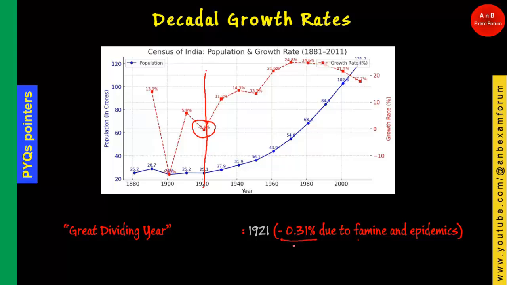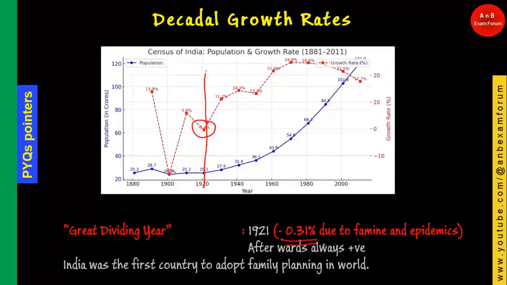The growth rate at that time was minus 0.31, meaning the mortality rate was more than the birth rate. Afterward it is always positive. One more thing: because of this population explosion, India became the first country in the world to adopt family planning.